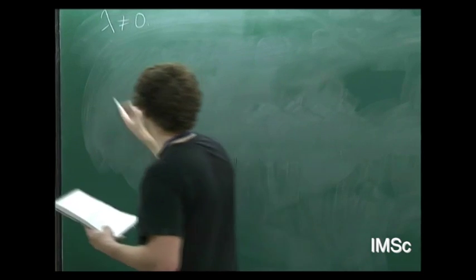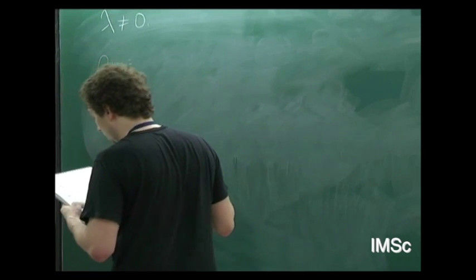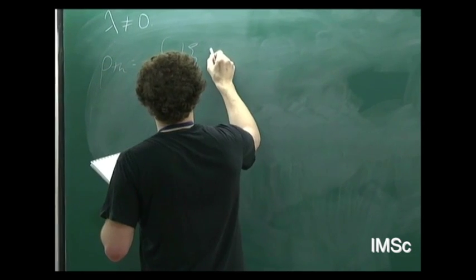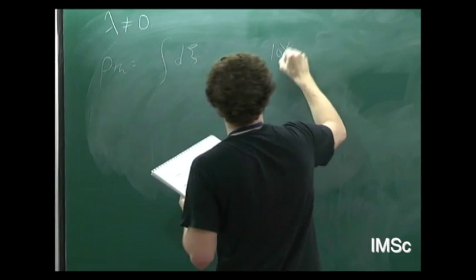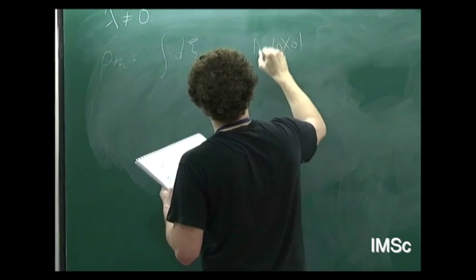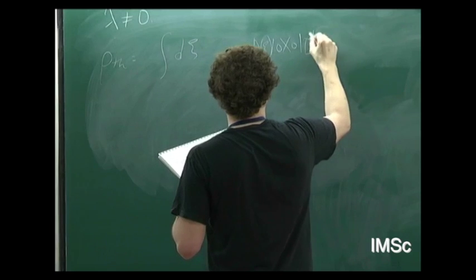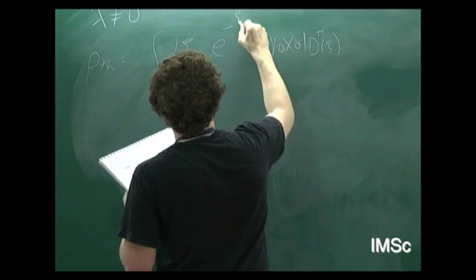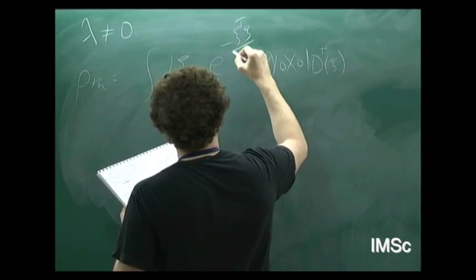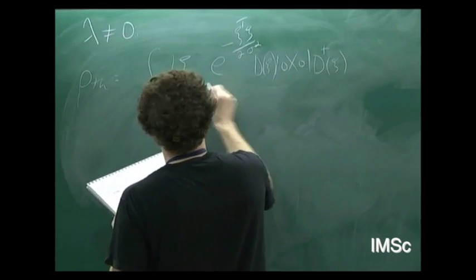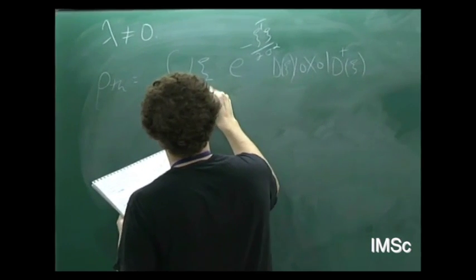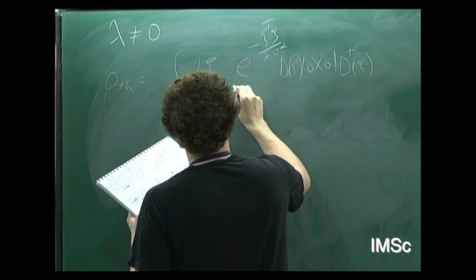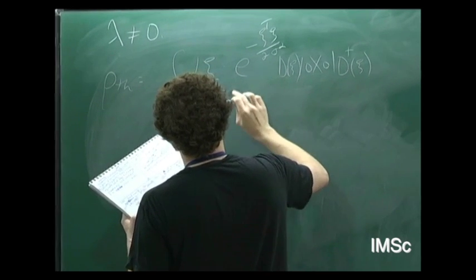So specifically, we have to remember that a thermal state is going to look like this: I take just a vacuum, and I displace it with Gaussian distributed kicks. I guess there's a 2 pi. I can't remember.